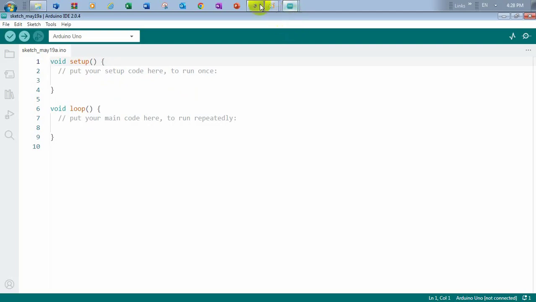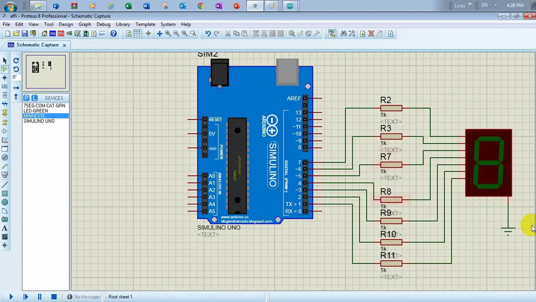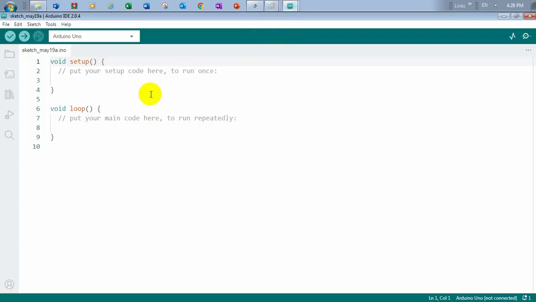We configure these pins to be output. The instructions we write in this function are done one time.